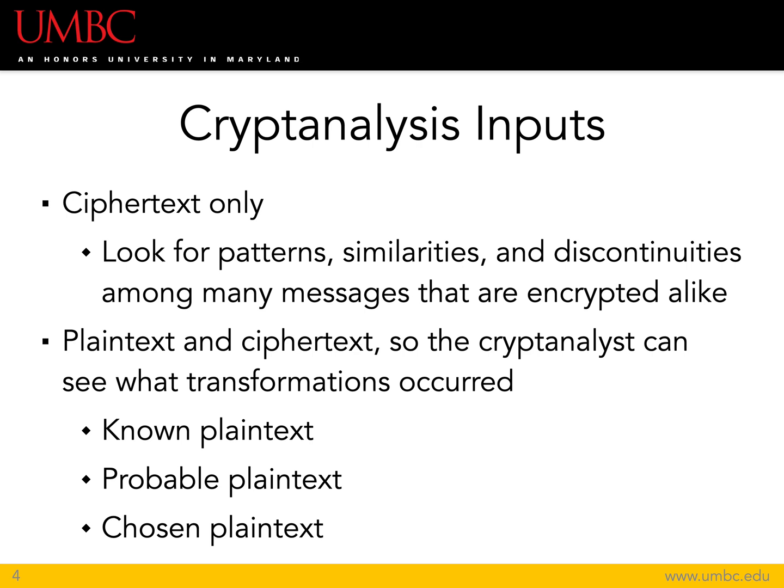The more pairs of known plaintexts and known ciphertexts that you have, the better off you are. Most of the time, you're not going to have that. Sometimes you will have something like a probable plaintext, meaning we know it's going to be something like this. It's a form letter. There's some common pattern that would happen to be somewhere in that plaintext that we're pretty sure about. That would help, but not be as helpful as a completely known plaintext.